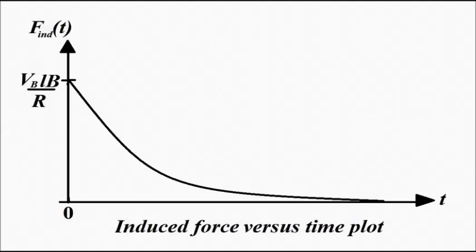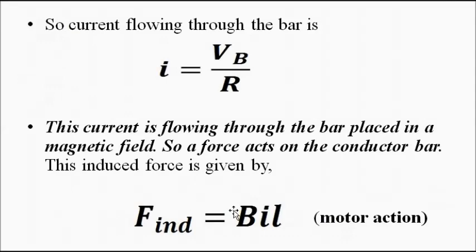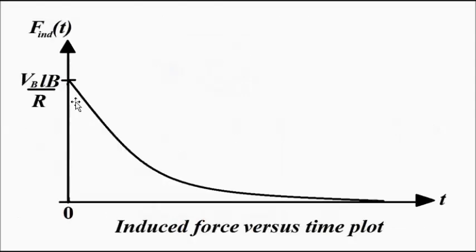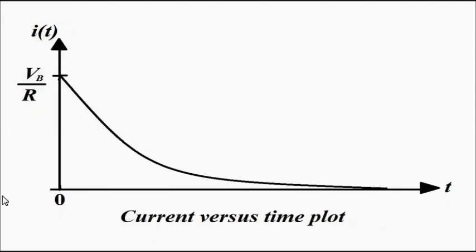The next parameter is the force. As it is dependent on current, the induced force is given by BIL. Initially, when the current was maximum, the force was maximum, and as the current dropped, the force also dropped. So it follows the same trend as current.